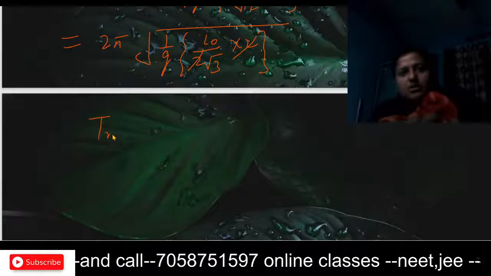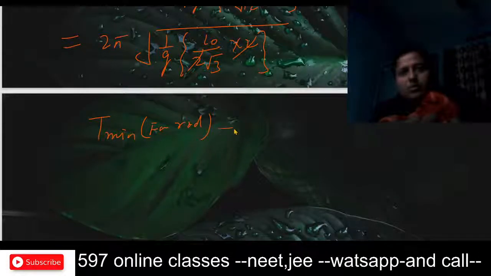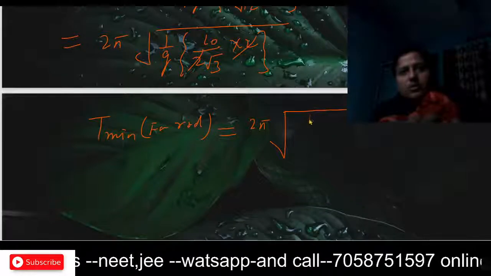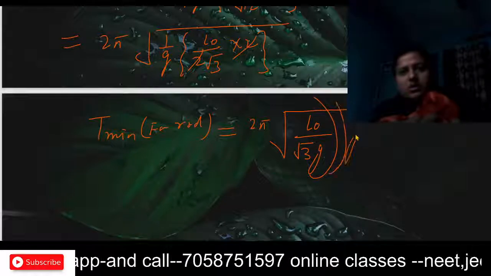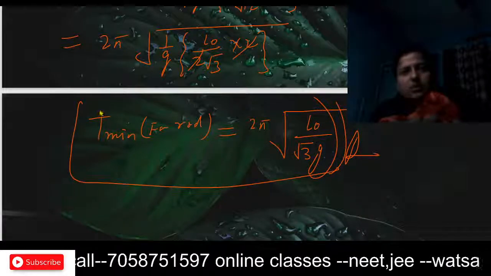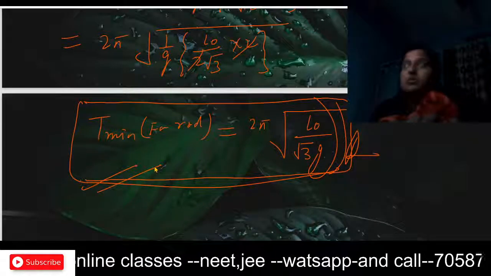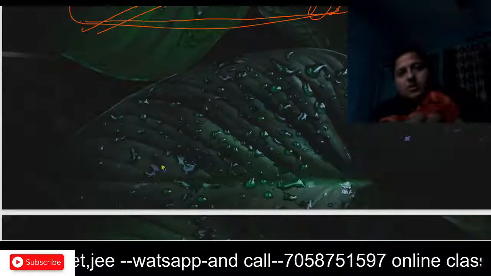And the time period minimum for a rod comes out to be 2 pi under root L0 over root 3 g. So this is the required minimum time period possible if we make a rod a physical pendulum.